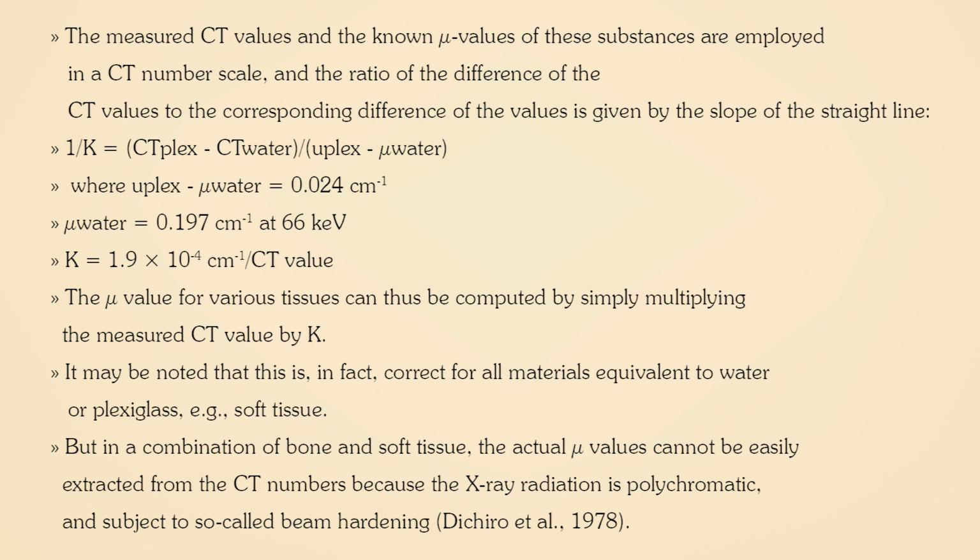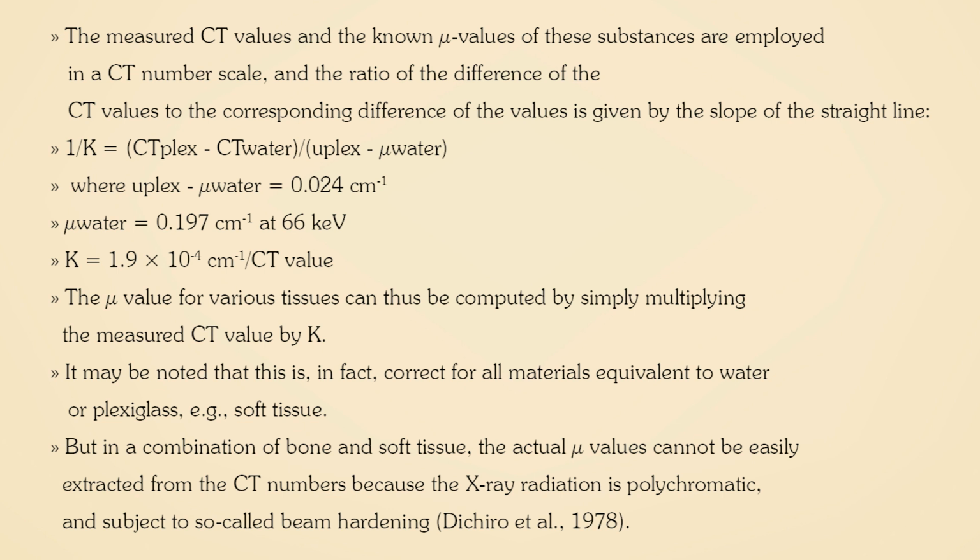Thus, the mu value for various tissues can be computed by simply multiplying the measured CT value by k. It may be noted that this is in fact correct for all materials equivalent to water or plexiglass, for example, soft tissue.